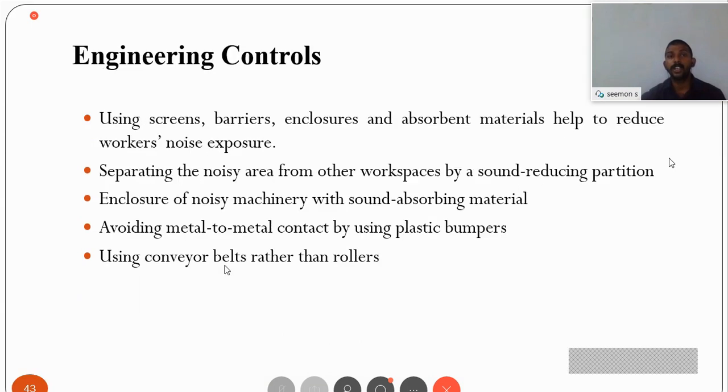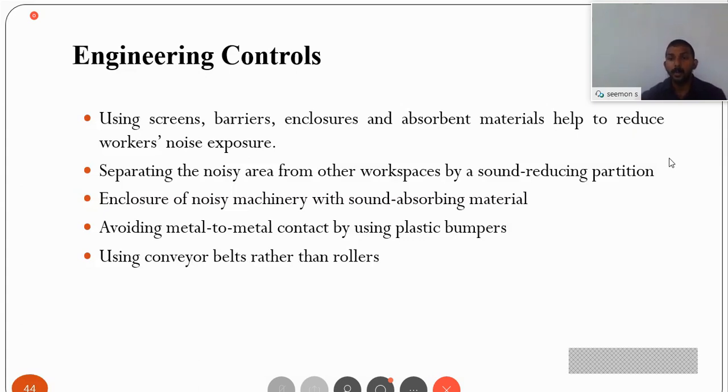Next is engineering control. In engineering control, we use screens, barrier enclosures, or absorbent materials as a controlling measure to prevent the noise. Next, separating the noise: in an area where noise is already being produced, the people near it should not face problems.